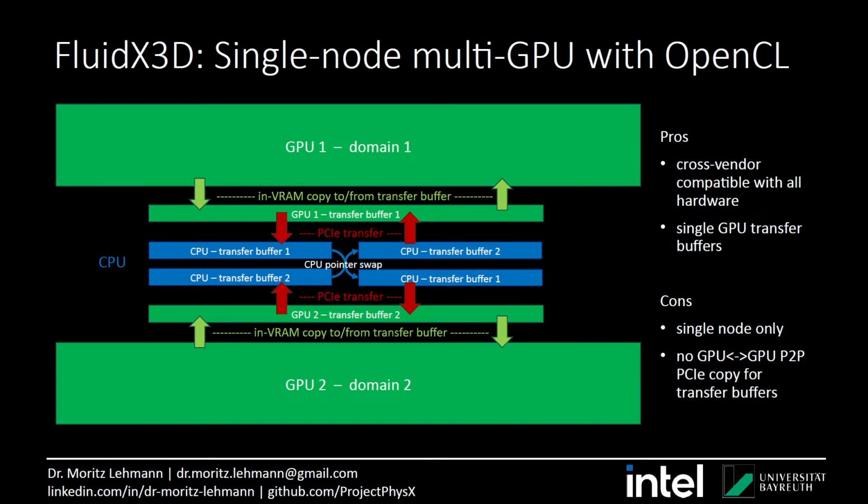I implemented this so that you, as a user, in the setup script in the LBM constructor, decide how you divide the grid into domains within X, Y, and Z direction. So you can have like 2 times 4 times 3 boxes, and the product of domains is the number of GPUs that you need.